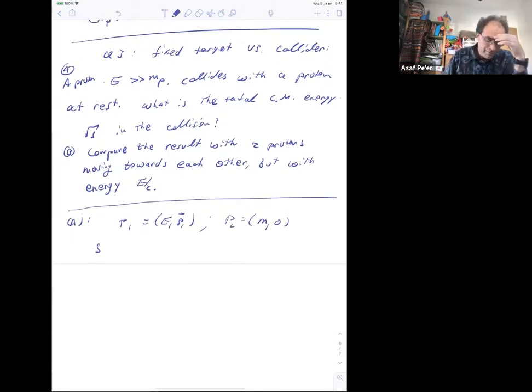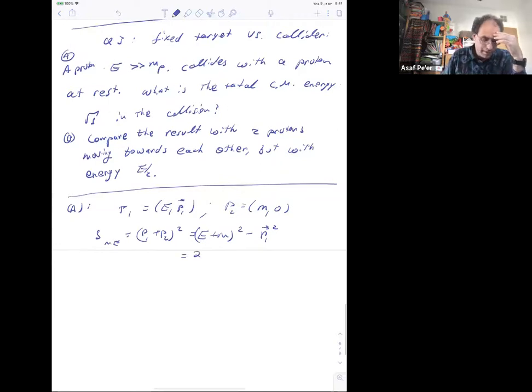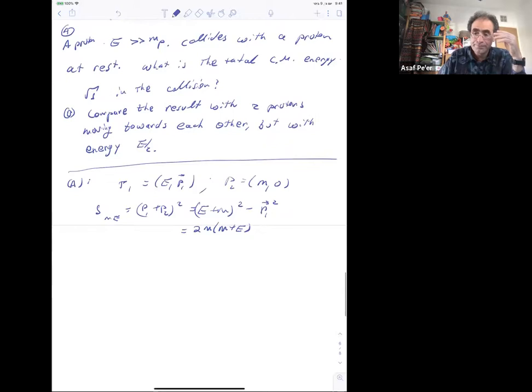So S, the center of mass energy squared, is (P1 + P2) squared, which is just M squared plus 2ME plus M squared minus p1 squared, so this is just 2M(M + E). I think you practiced that in one of the first homeworks.